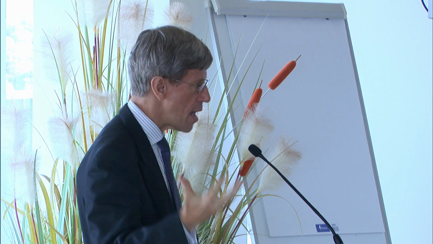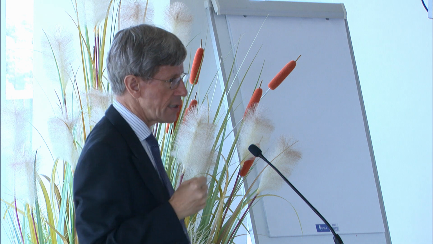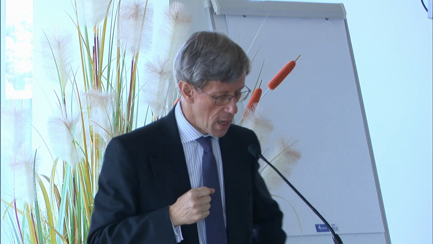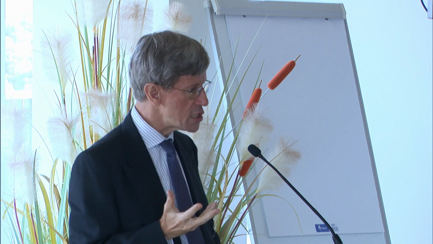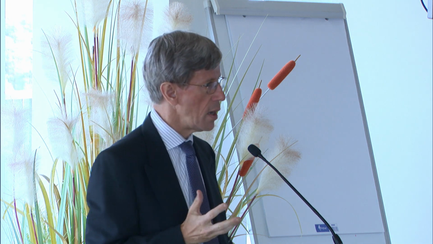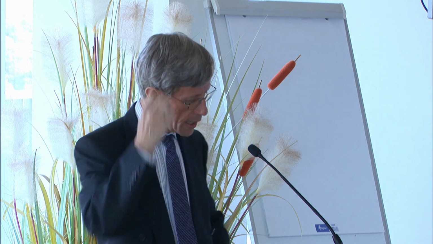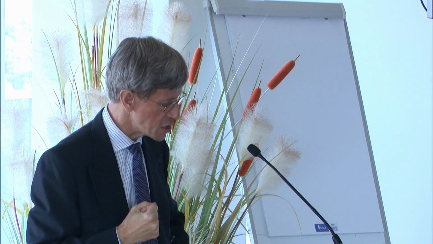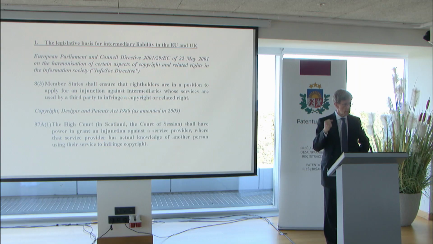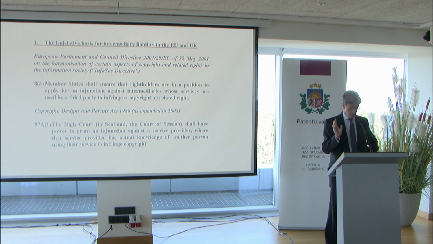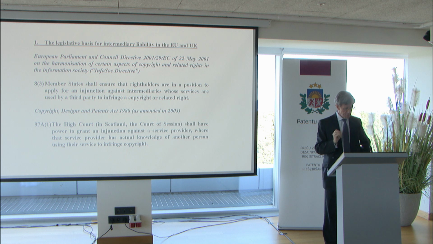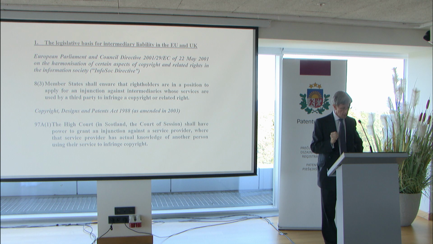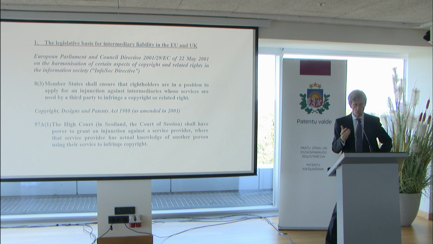Okay, so with that introduction to the conceptual background, let's then turn and look at the legislation. So the legislative basis for intermediary liability with respect to intellectual property rights in the EU and the UK is as follows. We start with the Information Society Directive, or the InfoSoc Directive for short, of 2001, and Article 8.3 says that member states shall ensure that right holders are in a position to apply for an injunction against intermediaries whose services are used by a third party to infringe a copyright or a related right.